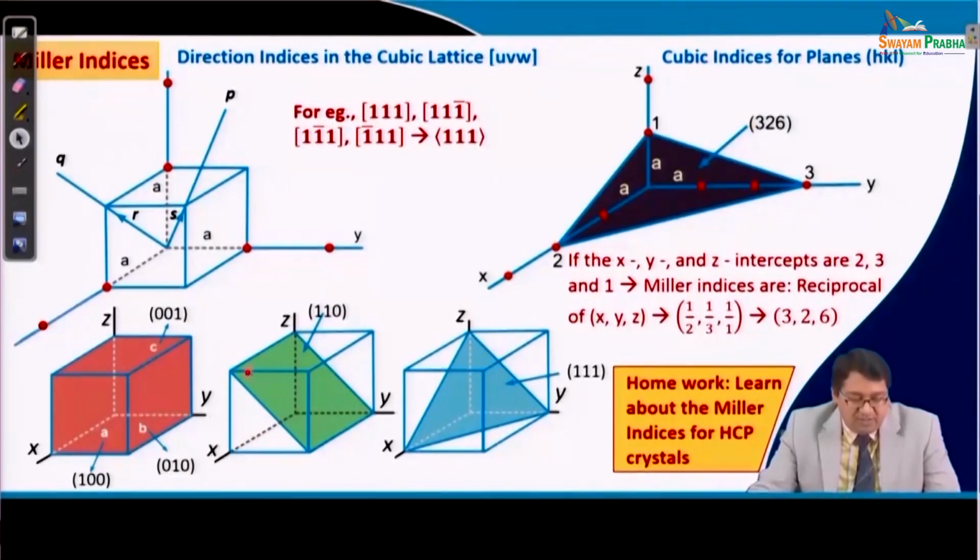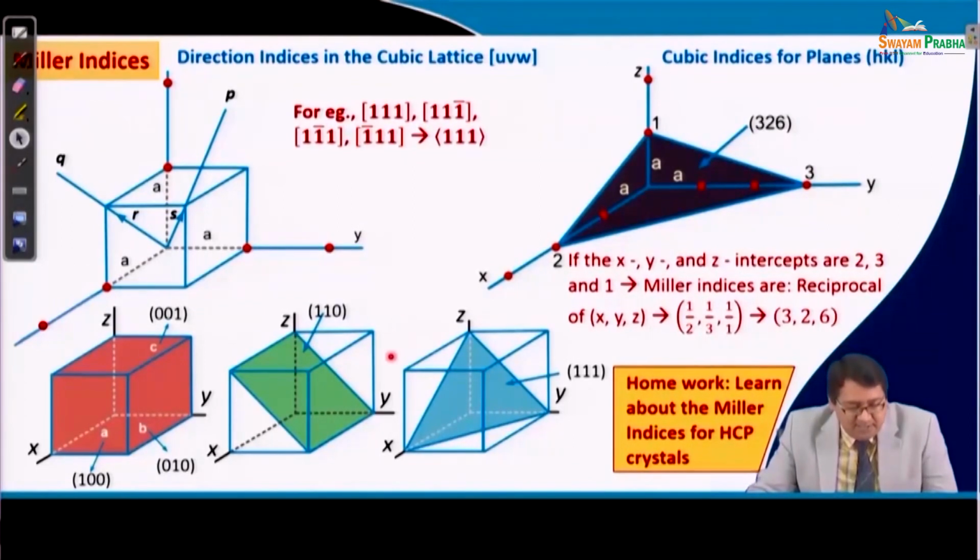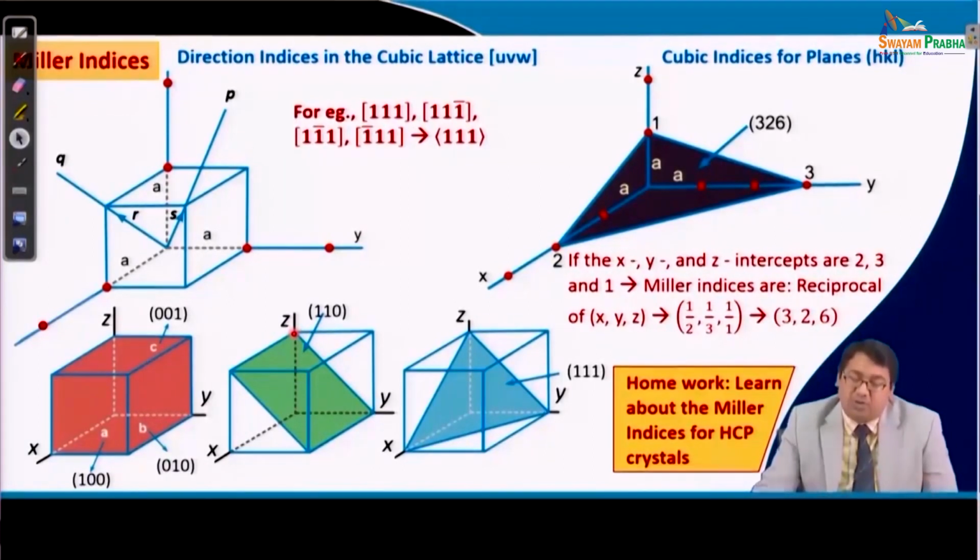So, if we look into this plane which we said is the 1 1 0 plane, it crosses the y axis at 1, the z axis also at 1, but it does not cross the x axis anywhere.